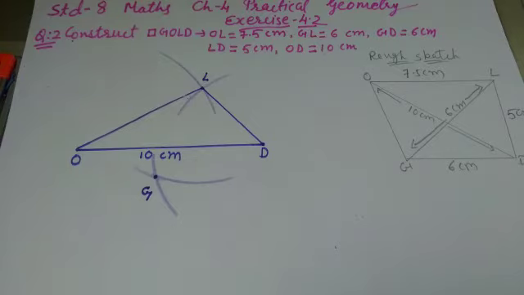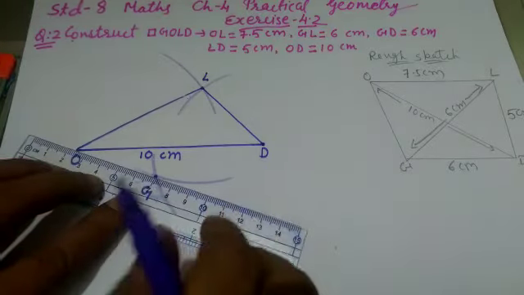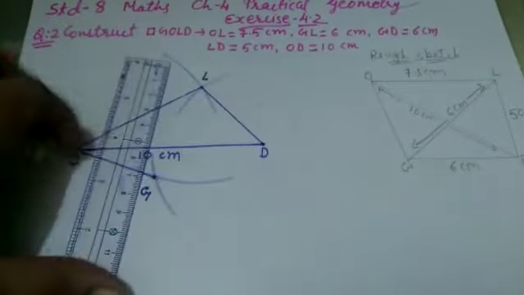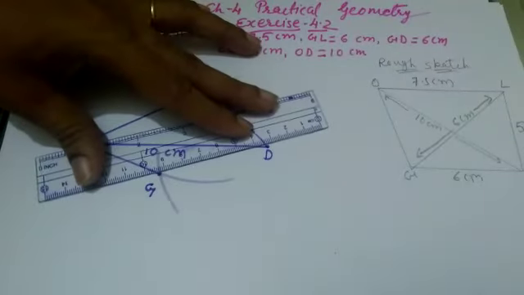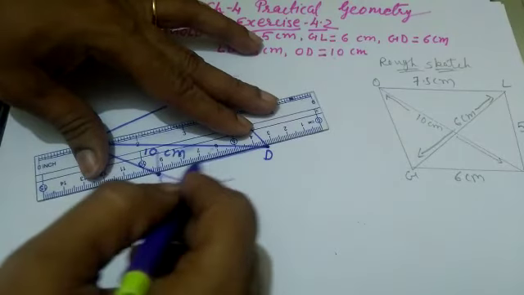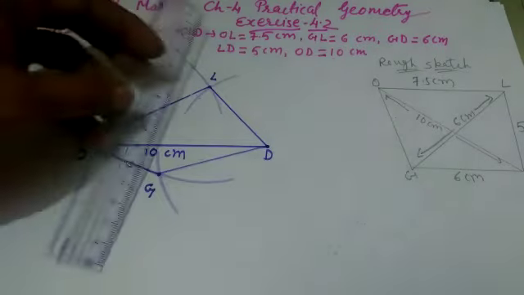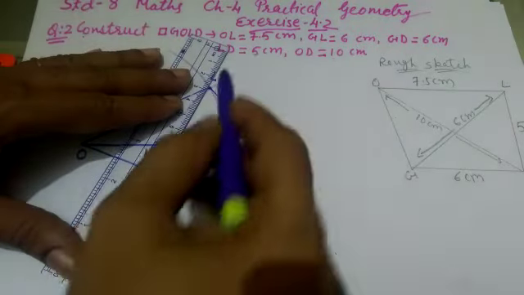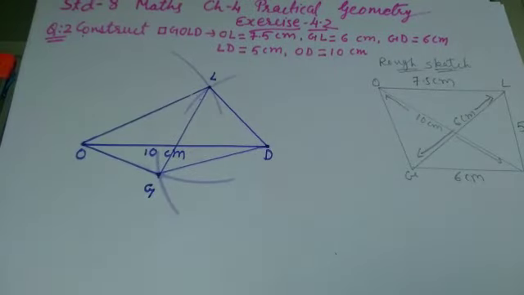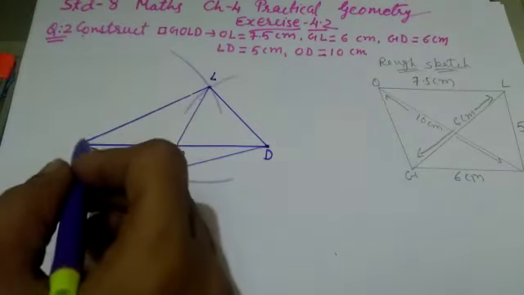Okay. Now next step is to join point G and point O. Similarly, join point D and point G. Okay children, now also we have to join points L and G. And also mention the length of all the sides as we have constructed.